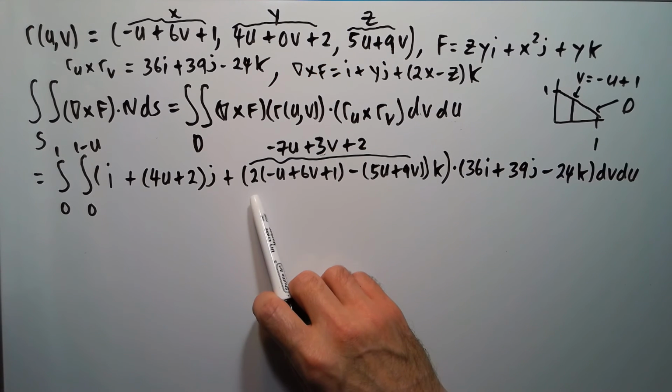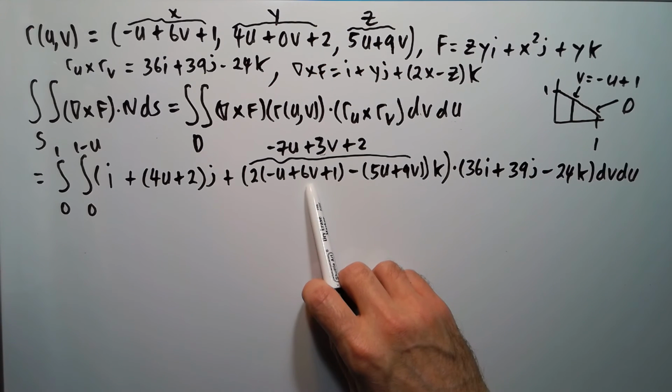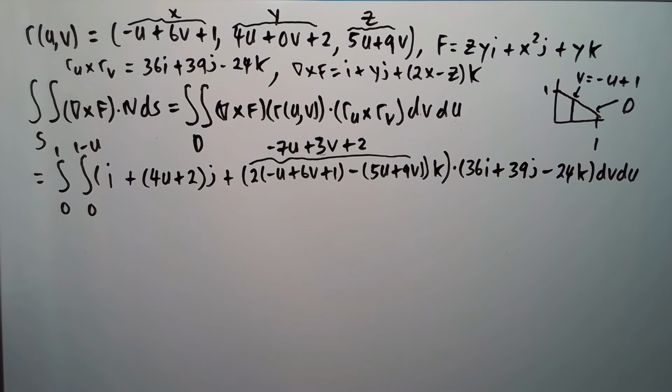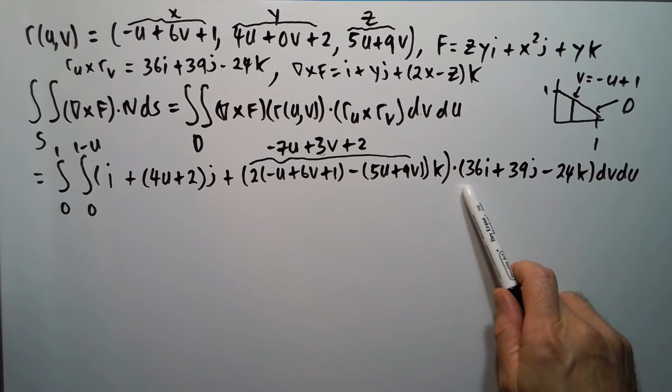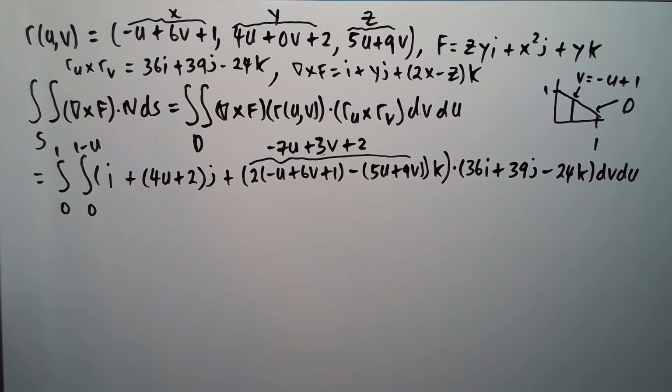Simplifying, it will be negative 2u minus 5u, so minus 7u, then 12v minus 9v will be 3v, and plus 2. Okay, that'll be the k component. Now we're going to go 36 times 1, 39 times this, negative 24 times this, so let's do that.